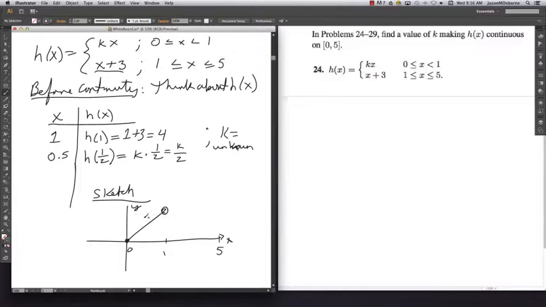And notice that the limit as x goes to 1 from the left, as you take values getting closer and closer to 1 from the left, so 0.99, you'll get 0.99k. So as x gets close to 1 from the left, it looks like our limit value is going to be k. So this function appears to be getting close to k from the left.